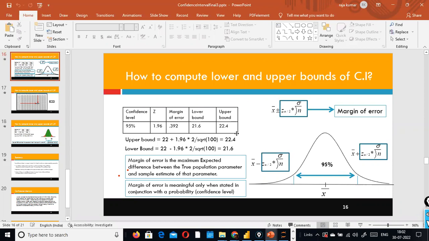One is that as the sample size approaches 30, the distribution becomes normal, irrespective of the type of distribution of your population. The second property is that the mean of the distribution of sample means is equivalent to your population mean. And finally, we discussed the confidence interval and confidence level.